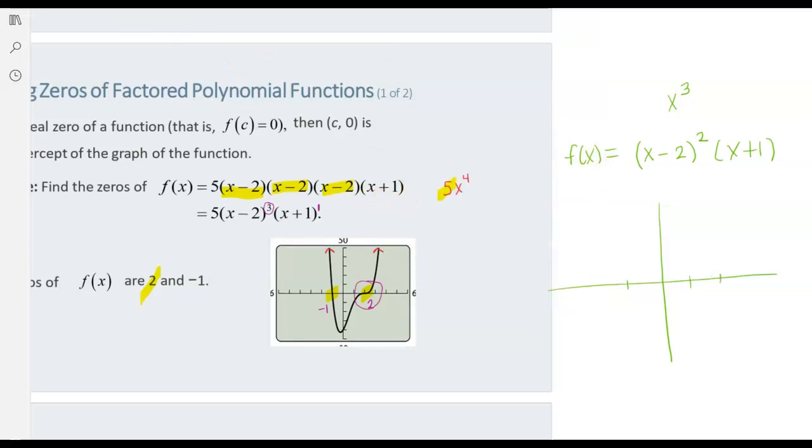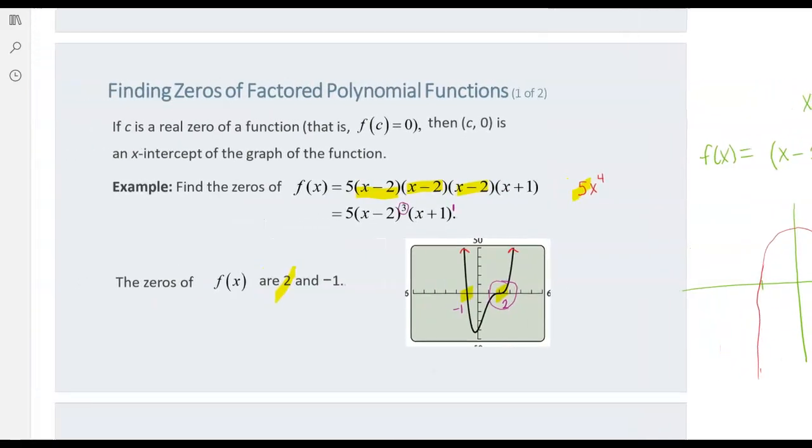What's going to happen with this graph is it's going to go up through one of the zeros at -1, and then when it comes back down to where the zero is at +2, it's actually going to sit on the axis because of this squared term.